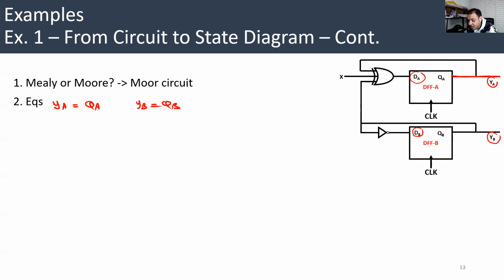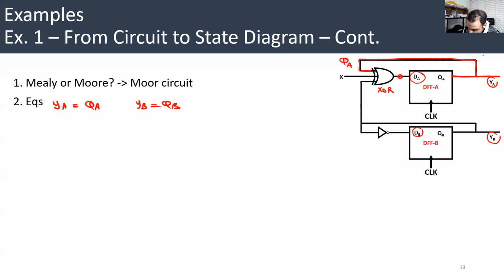Now DA and DB are really easy as well. DA, for example, is the output of this XOR gate. So this XOR takes as an input QA. One may ask why we didn't write YA.